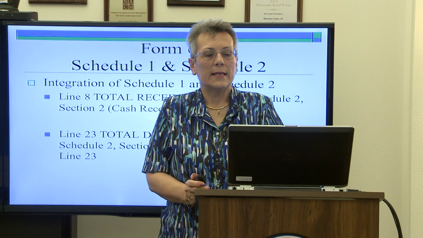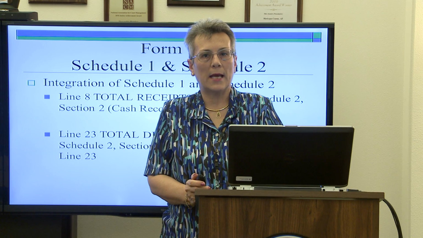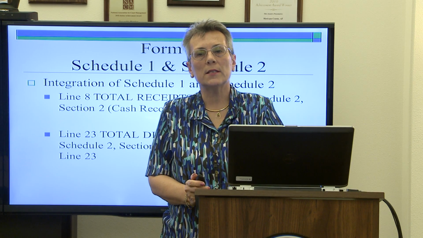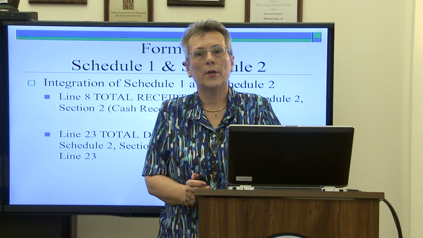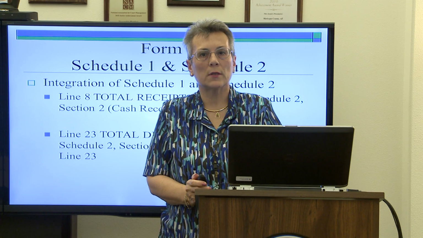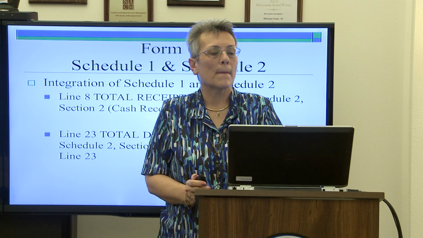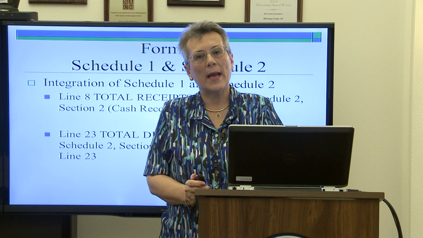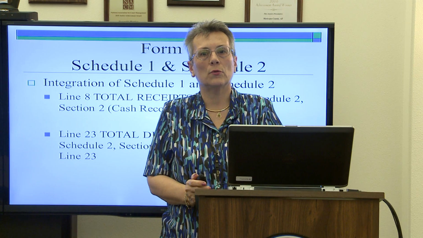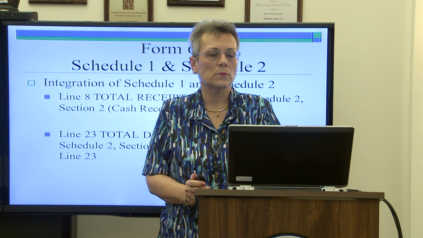Schedule 1 and Schedule 2 integrate together, and if you complete these forms on a computer, when you fill in the fields, they will autofill to the next schedule. So if you do it manually, you have to remember to integrate your Schedule 1 and your Schedule 2.